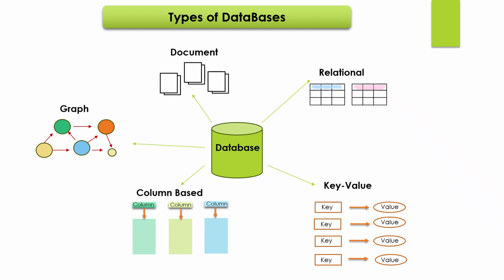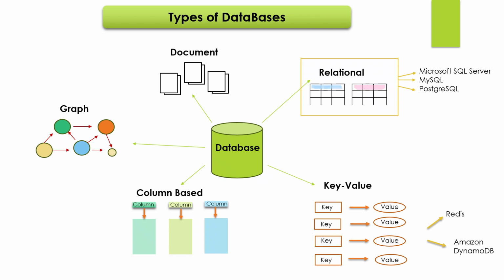I'm sure you have heard about databases like Microsoft SQL Server, MySQL, PostgreSQL. All these are SQL relational databases. For the key value databases, the examples are Redis and Amazon DynamoDB.